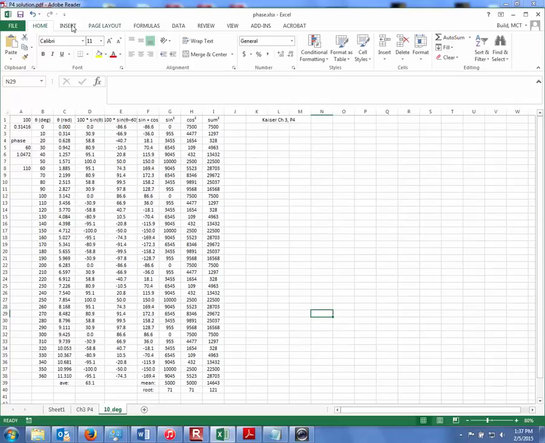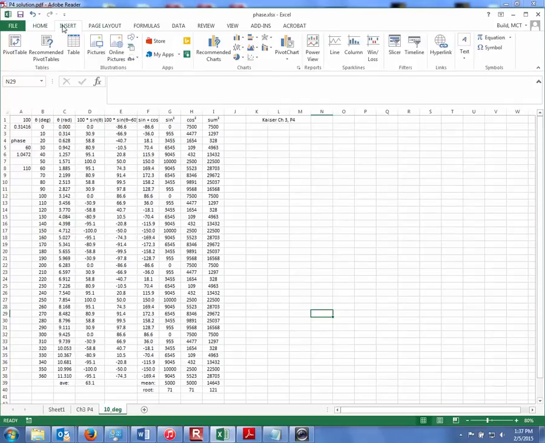So let's do this. Insert, because the independent variable was not showing in degrees. It was just showing data points. That's what was screwing up. So I'll just start over. So insert, charts.